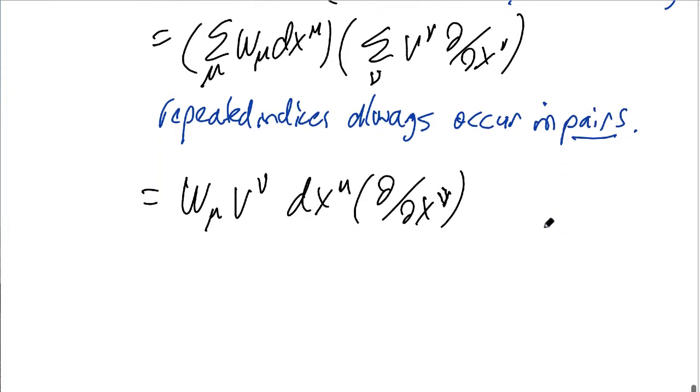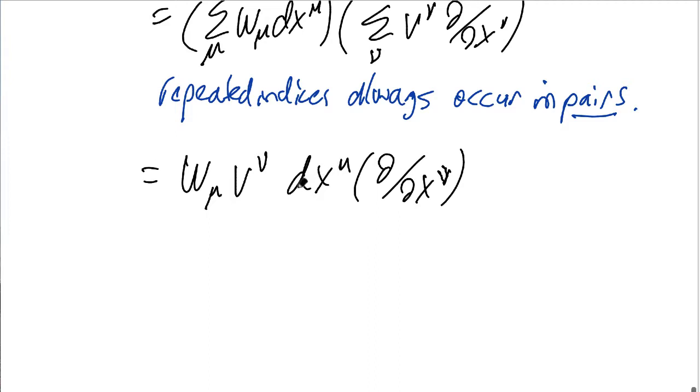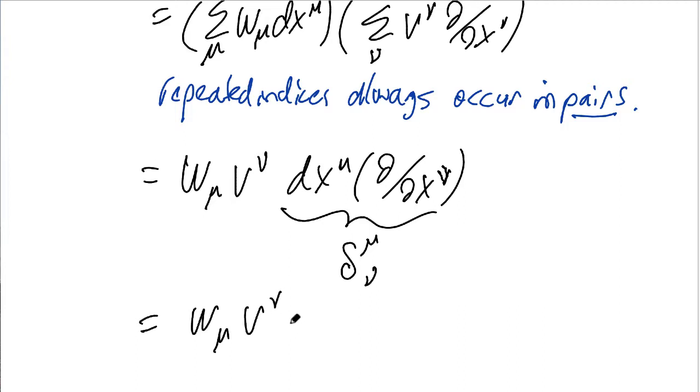Now we know how a basis covector acts on a basis vector. This is just the Kronecker delta mu nu. In other words, it's 0 if mu and nu are different. It's 1 if mu and nu are the same. Okay, so this is equal to w mu v nu delta nu mu.